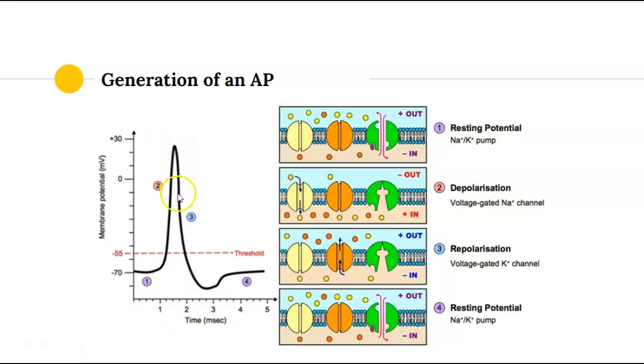So it will drop, drop, drop, drop, drop. Unfortunately, it overcorrects. That's just something that will always happen. It will go too low, and this is when the sodium-potassium pump will spend a little bit of time getting back into homeostasis mode and going back to resting potential.